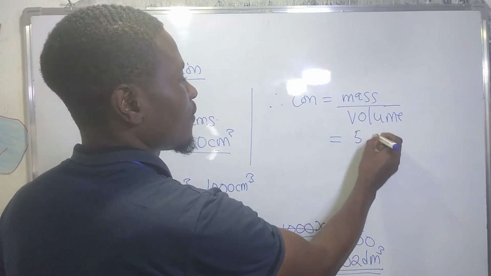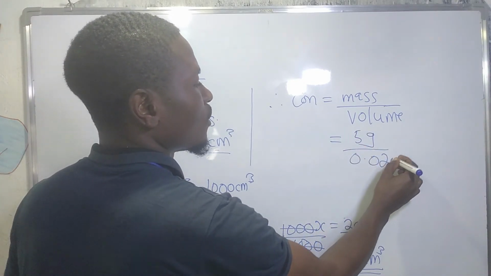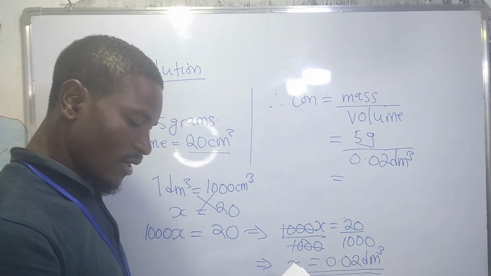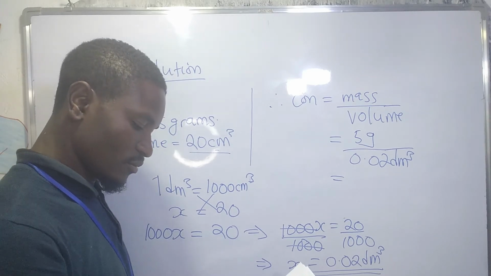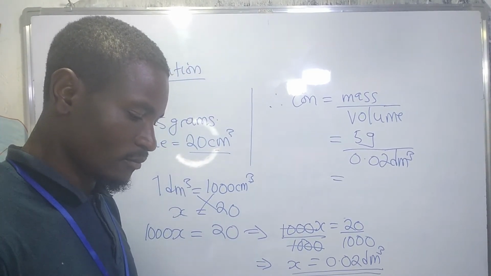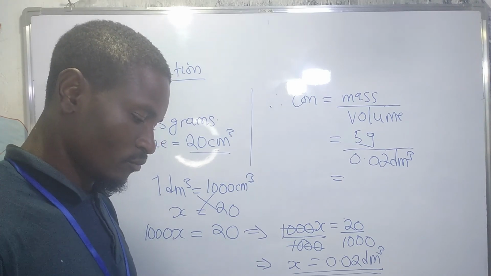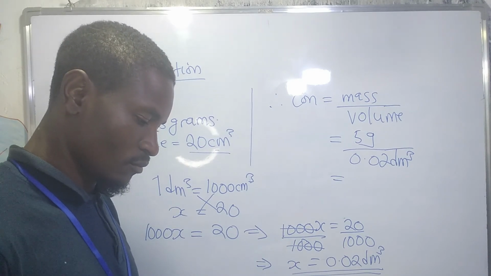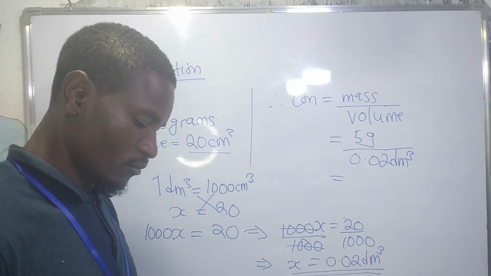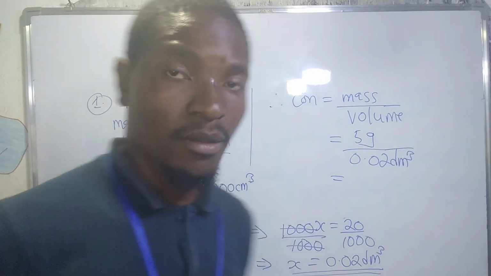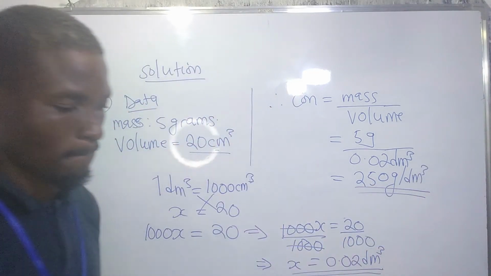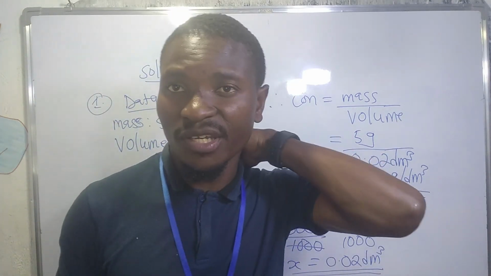So the mass is 5 grams over 0.02 cubic decimeters, and the final answer will be 250 grams per cubic decimeter. That's how you answer question 2.